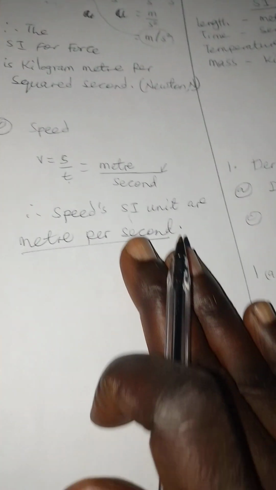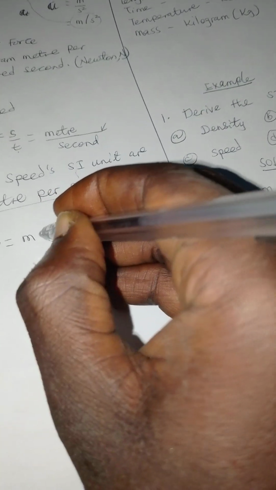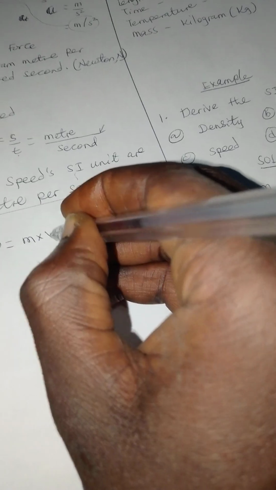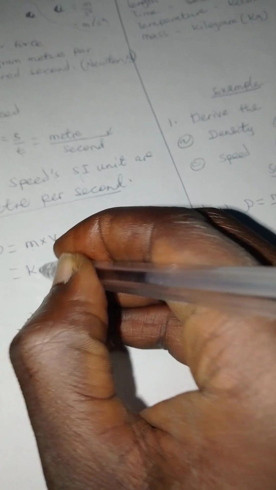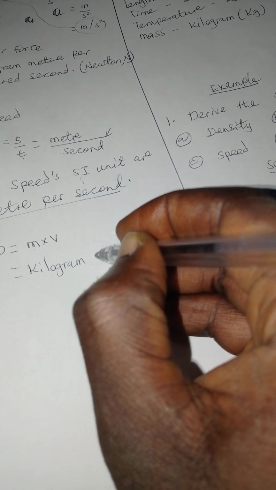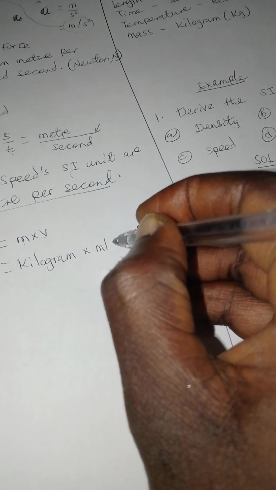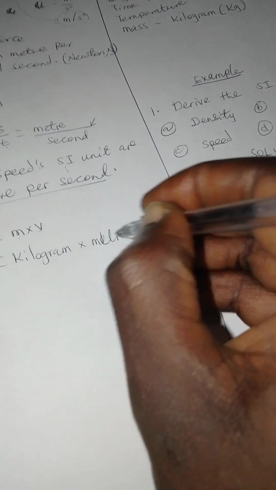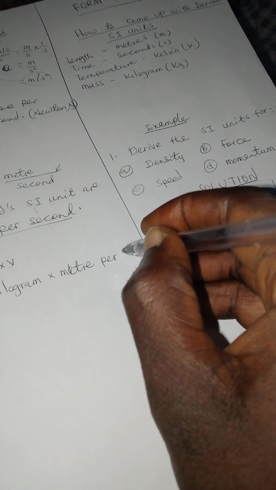Now what about momentum? So that will be D. Momentum P is equal to mass multiplied by velocity. So what are the SI units for mass? It's kilogram. Then we are multiplying with the velocity, which we have already found to be meters per second.